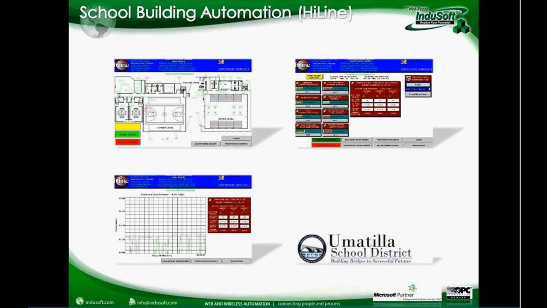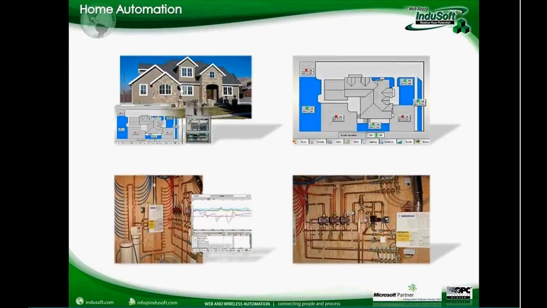Home automation. Now we're going to talk about a few sub-niches of building automation, and home automation is one of them. We have customers using Indosoft to create not building, but actually home automation systems, usually on a smaller scale, running on embedded devices or even on local HMIs.